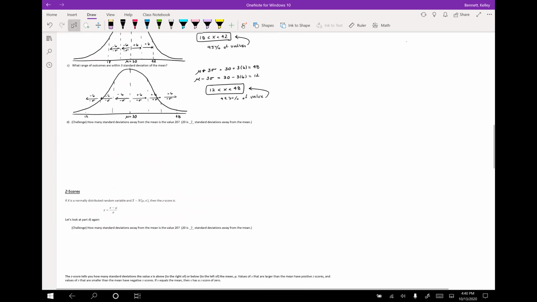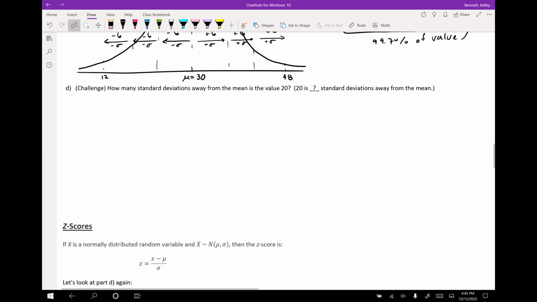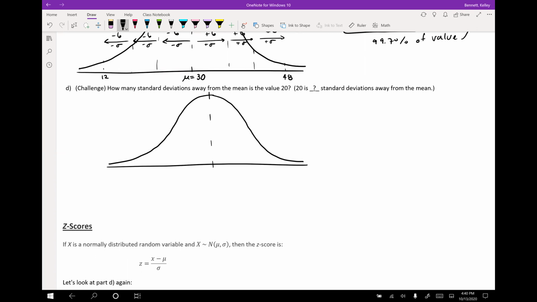All right, so now we have kind of a trick question. How many standard deviations away from the mean is the value 20? Oh, okay, so let's look again at what our distribution looks like graphically. The mean, always at the center. Mean is 30, same problem, right? I know that if I go up 1 standard deviation, I'll be at 36.